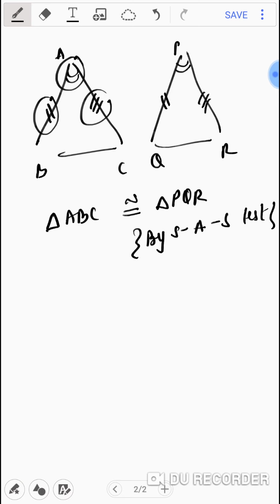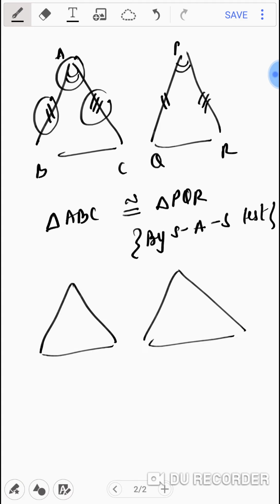Next we have, suppose we have, triple S is done, side angle side is done, then angle side. Suppose I have this triangle and this triangle, and this angle is equal to this, and this side is equal to this side.